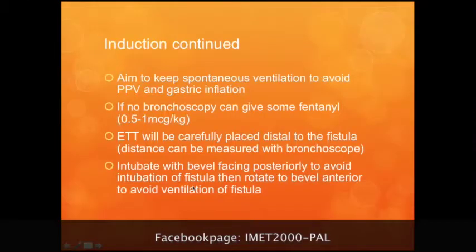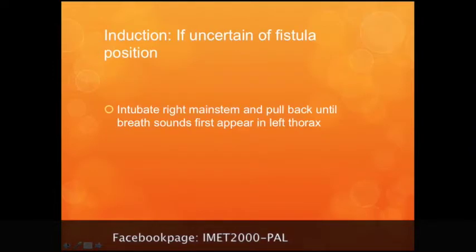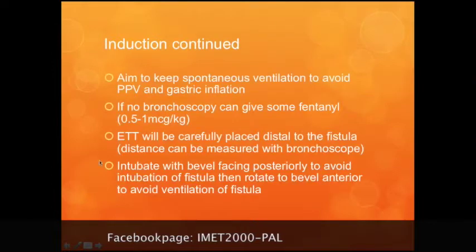They also talk about intubating with the bevel facing posteriorly to avoid intubation of the fistula, and then rotating the bevel anteriorly to avoid ventilation of the fistula. So what that means is, if you think of an endotracheal tube, and I don't think I have a picture unfortunately, the bevel is the sharp bit of the tube, with the hole, the angled piece.